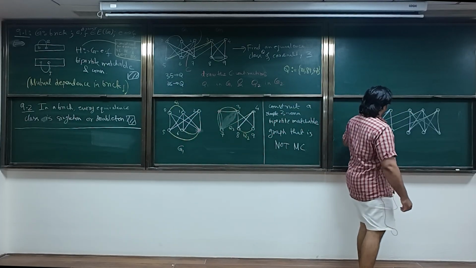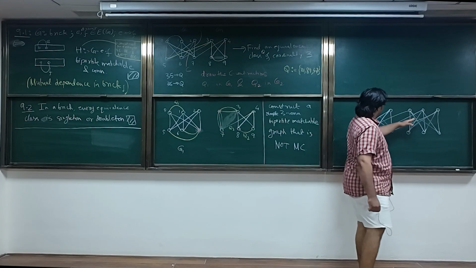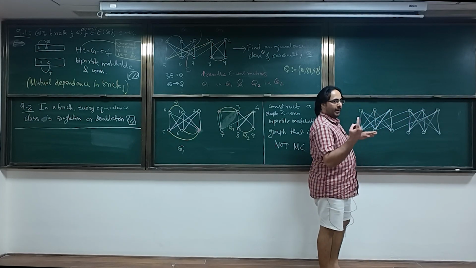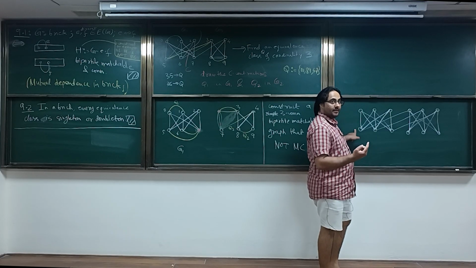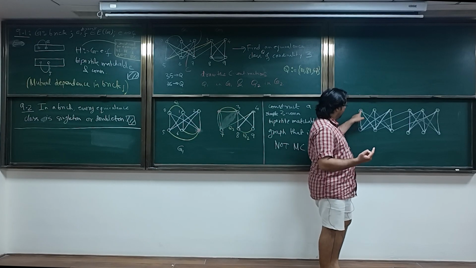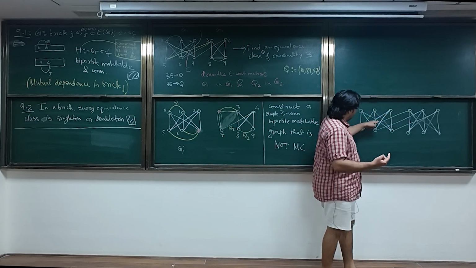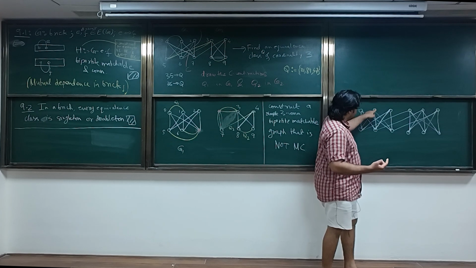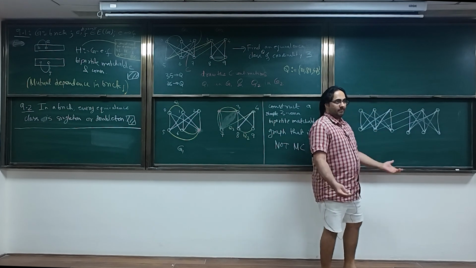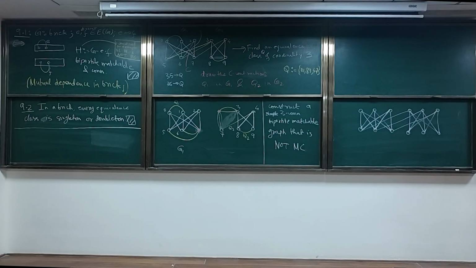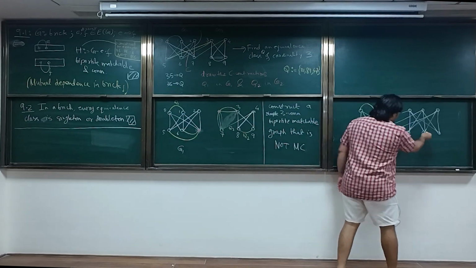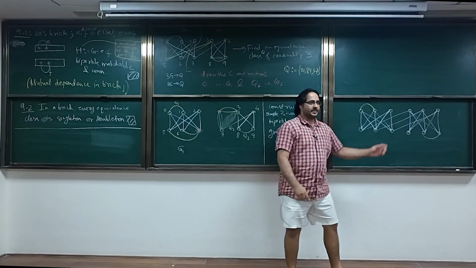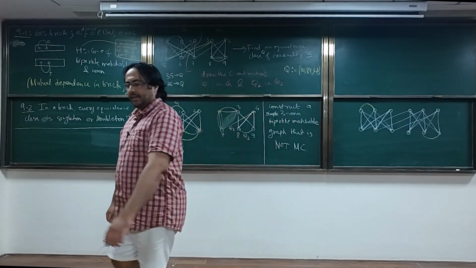If you want all these edges to be matchable, and you are only allowed to add two more edges, one joining this color class, one joining the other color class, then it's clear that to make this edge matchable, you must add an edge like this. There's no choice really. You must add an edge here, and by symmetry you must add an edge here. This is your example. This is a brick.